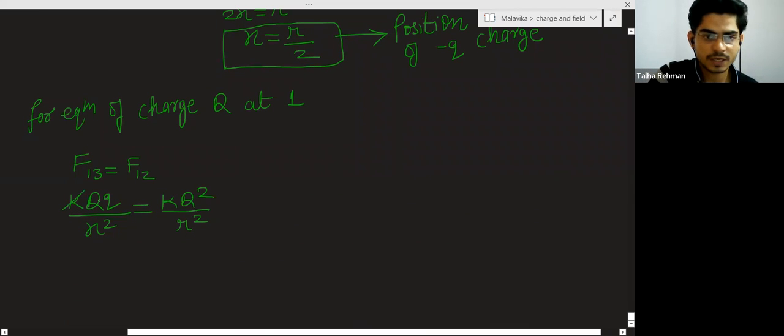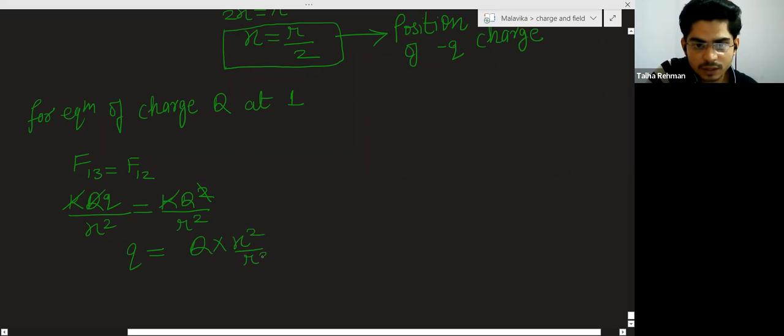So from here K and K cancel, Q and Q cancel, and we have q is equal to Q into X square by R square, and X is equal to R by 2.